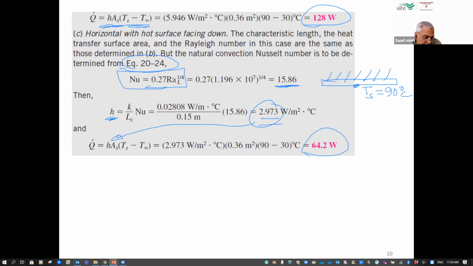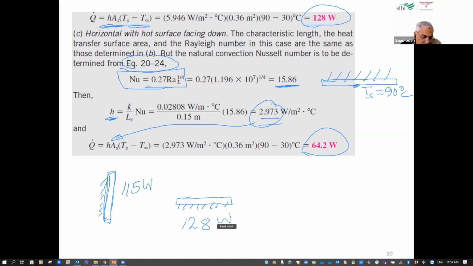So now we have the vertical one, 115 watts. The horizontal one facing upward, the heat transfer rate was 128 watts.